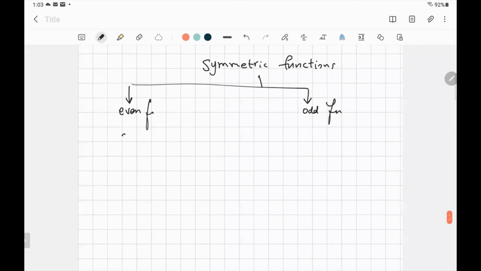An even function means x of negative t is the same as x of t. It's symmetric about the vertical axis. An odd function is when x of negative t is equal to minus x of t. If it's even, then X of omega will be equal to, you don't have to integrate from minus infinity to infinity now.